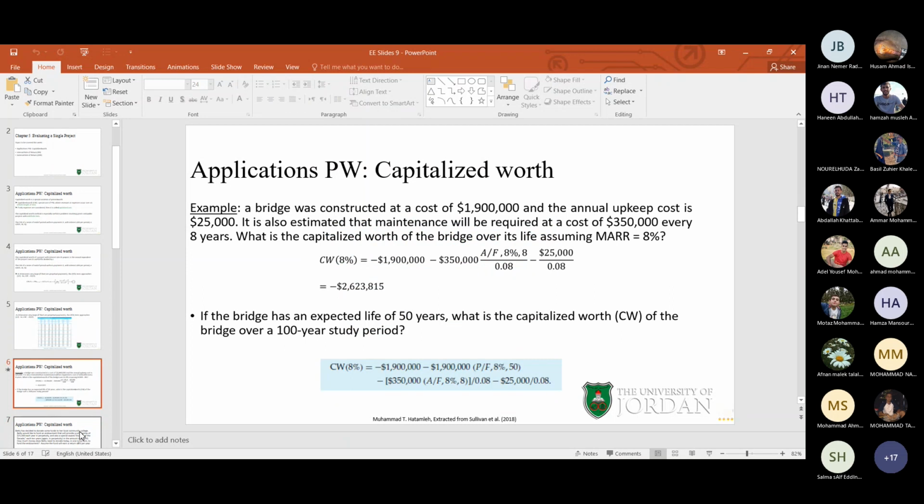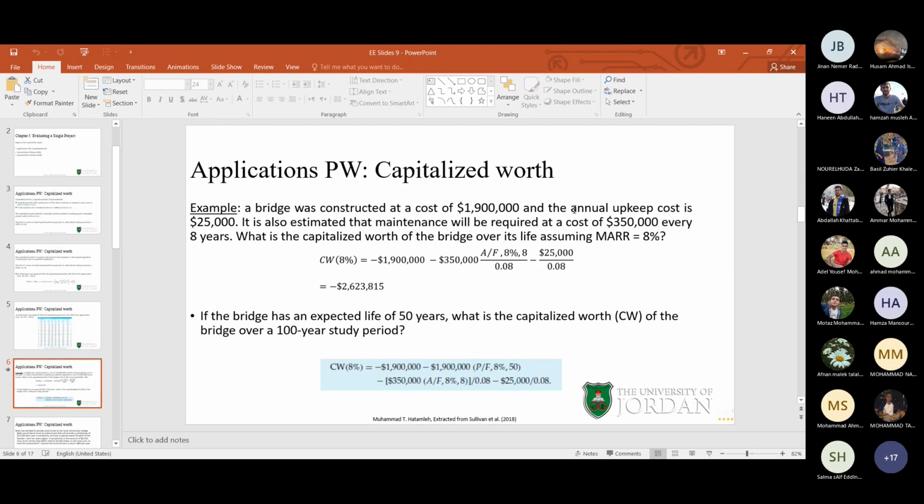For example, if we have a bridge that was constructed at a cost of 1.9 million and the annual upkeep cost is 25,000. Now, it's also estimated that the maintenance will be required at a cost of $350,000 every 8 years. فأنا فعليا عم بصير عندي I have 1.9 million in order to construct this bridge.